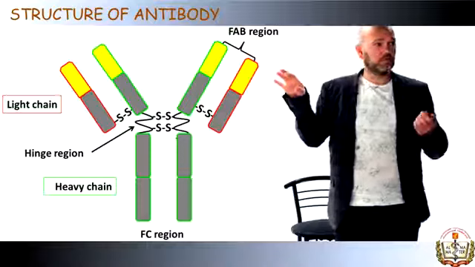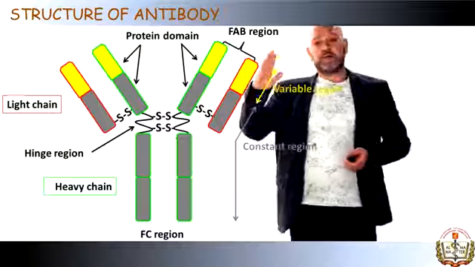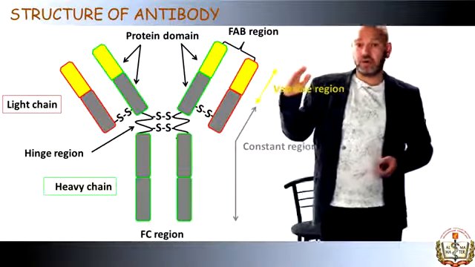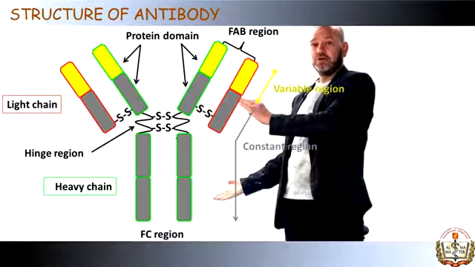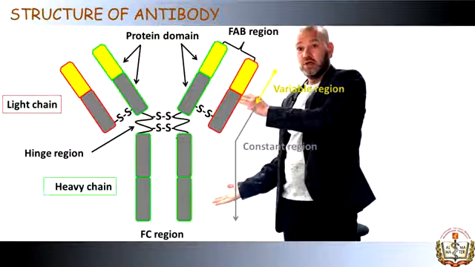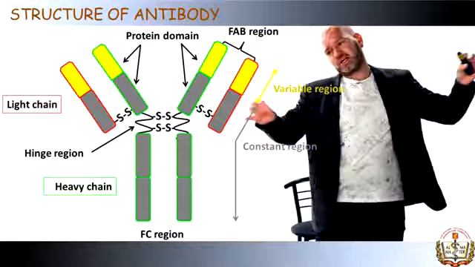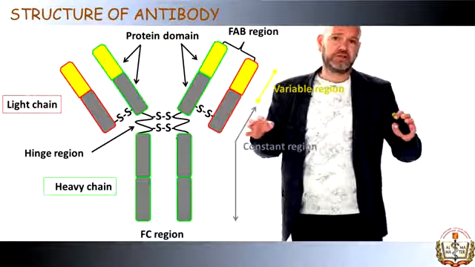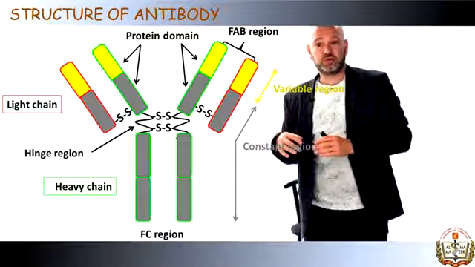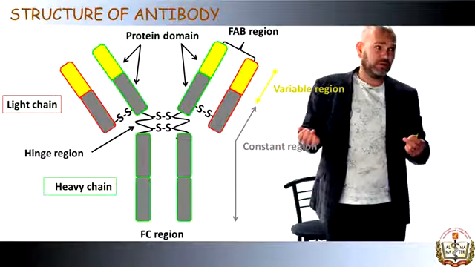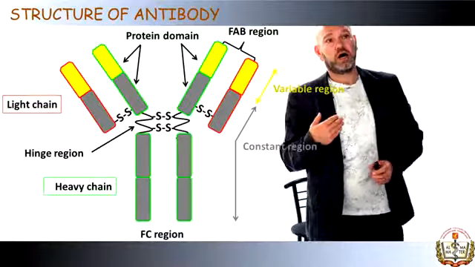So we have a variable region, shown with the yellow mark, which depends on the structure of the antigen, and we have a stable region, that large one. It is constant, meaning that the structure of any antibody is the same. If you take multiple antibodies against different antigens, the constant region is the same. The structure of the variable region corresponds to the structure of the antigen. And as you can guess, of course, that variable region provides specificity to our immunity, to our antibody.